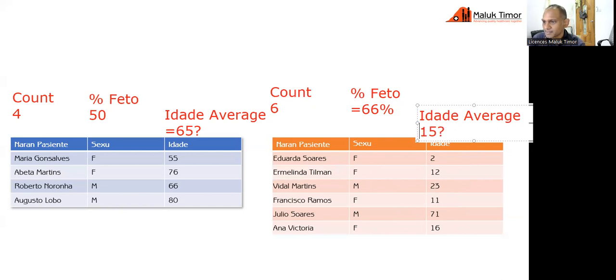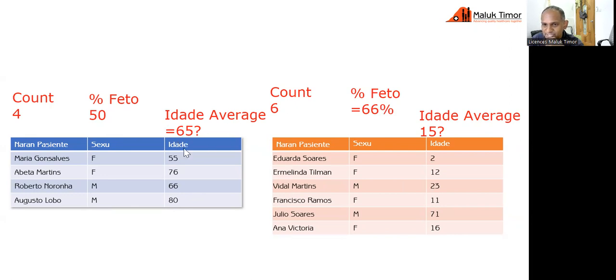Okay. Now, if I've done a data summary like this already, it is easier for me to compare the two data sets because now I can say what is the difference. The number of patients is 4, but this one is 6. The percentage of female, this one is 50%, but here there are more females, so this is 66%.